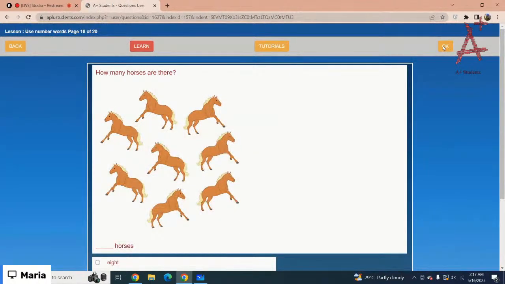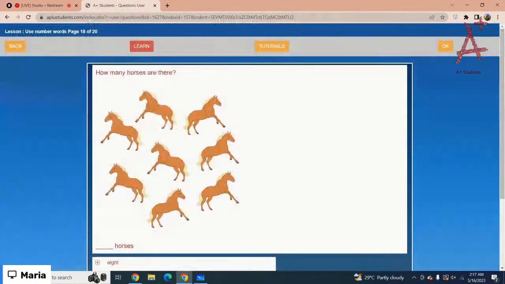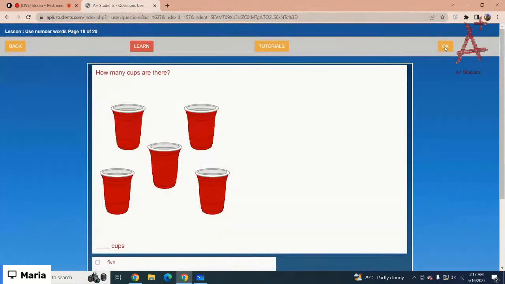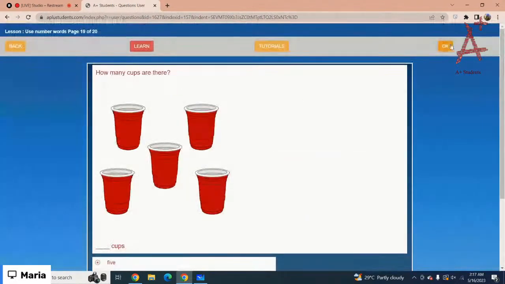How many horses are there? Eight. Eight horses. The correct option is eight. How many cups are there? Yes, five cups. The correct option is five.